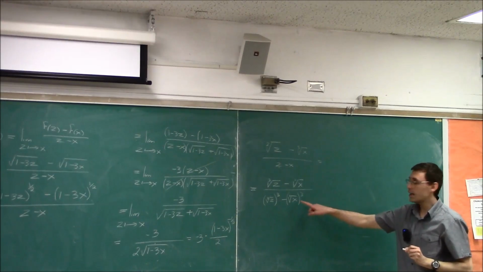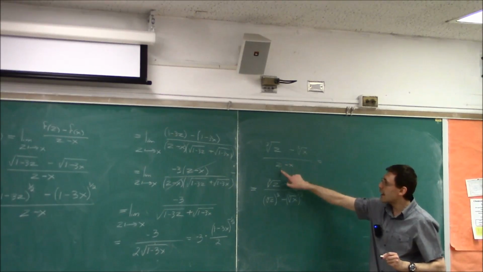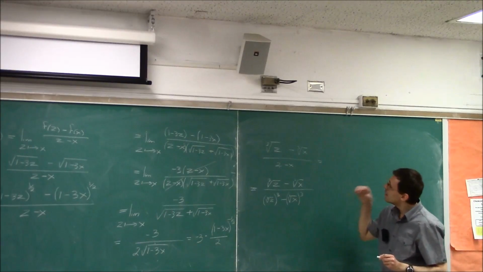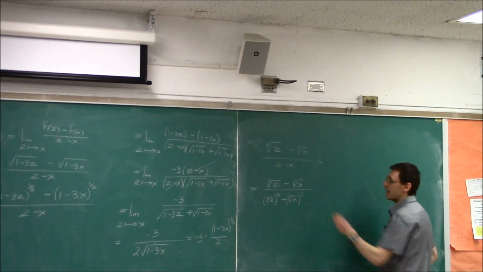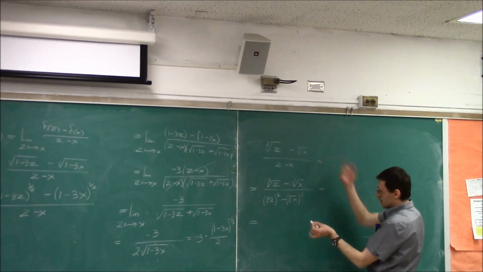Do you see what I did? Instead of trying to factor the numerator, I decided to factor the difference of cubes in the denominator, which I can, if I'm just a little careful, I can notice it. I can see it's a difference of cubes. And that's what the conjugate is doing. It's really just doing the same thing.